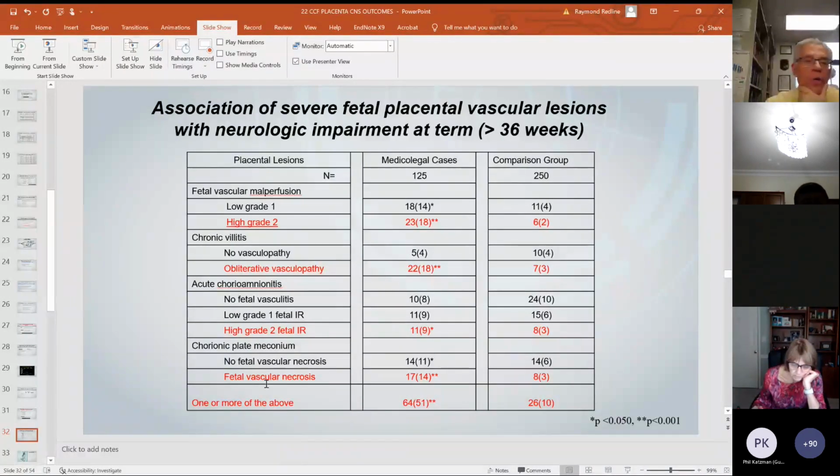And interestingly, one or more of the high-grade lesions was present in more than half of the cases. So it seems like there are several placental processes that are associated with neurologic injury, but particularly those that involve large fetal vessels are important.